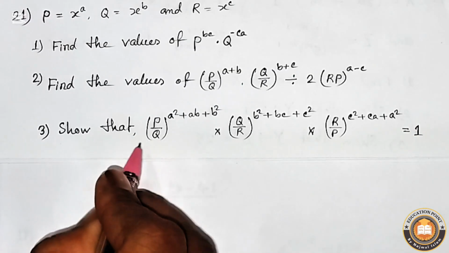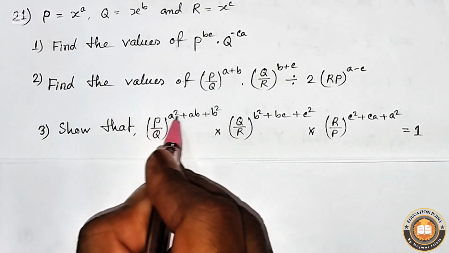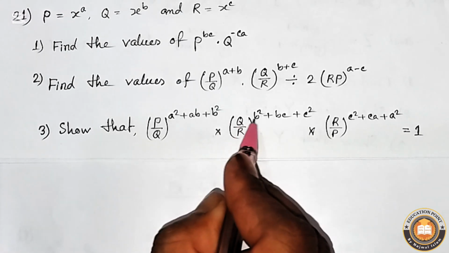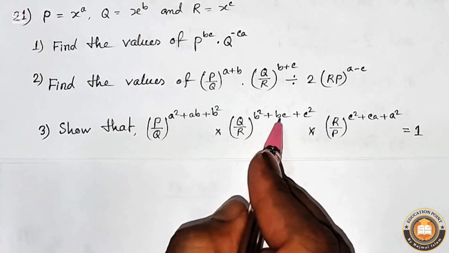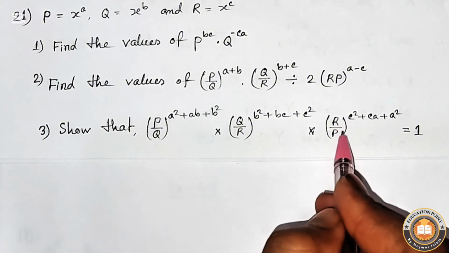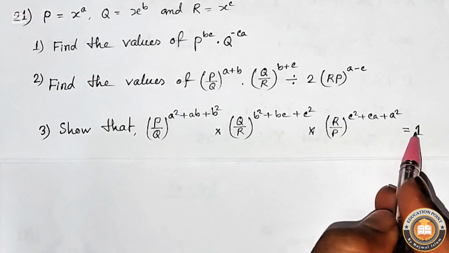Number 3, show that (p by q) whole power a square plus ab plus b square, into (q by r) whole power b square plus bc plus c square, into (r by p) whole power c square plus ca plus a square equals 1.